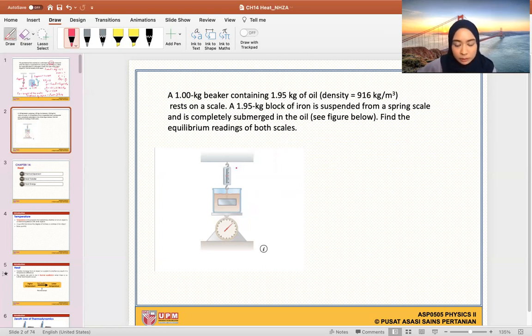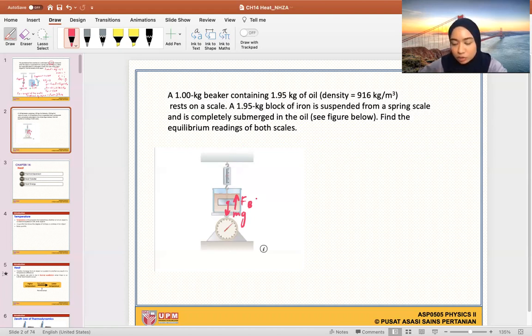Okay, so let's start with the top scale. With the top scale, we have to feel the heavy thing, right? The thing that pulls it. So what is pulling it down? We know we have mg, but our mg has a buoyant force acting on it as well, right? So there is FB going up. So am I detecting mg, or am I detecting something lighter right now?